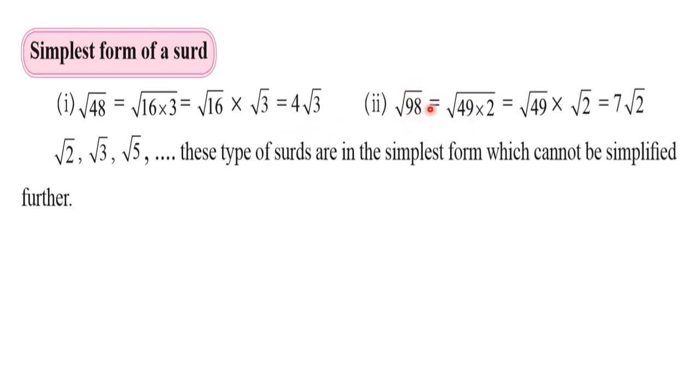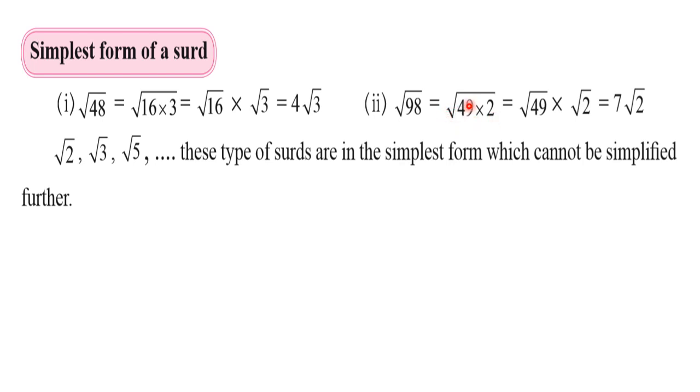Similarly, root 98. 98 we can factorize as 49 into 2. Always keep in mind that one factor should be a perfect square. You have to think of a perfect square. Don't think of any other factors. Like for 48, you cannot think of 8 into 6, because 8 is not a perfect square, 6 is also not a perfect square. So for 98, we write it as 49 into 2.